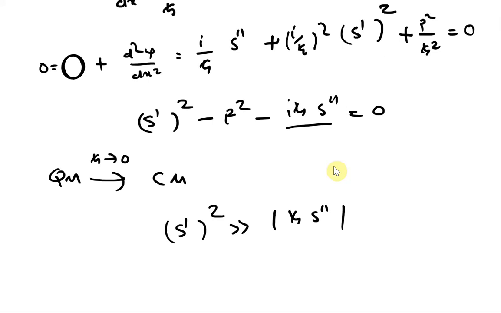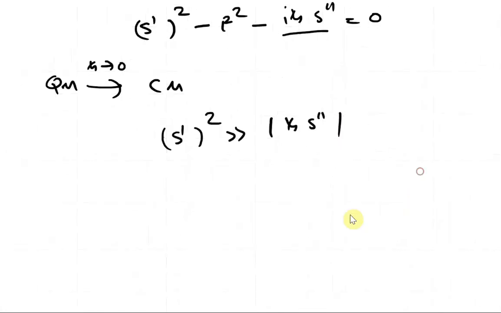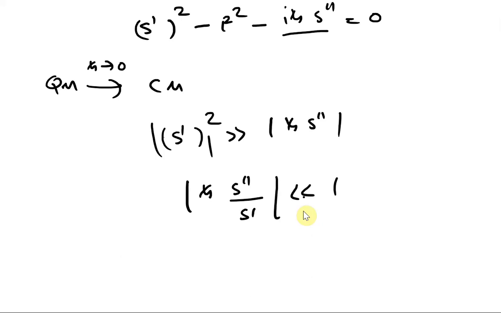So this is the condition when it is valid. If I take the magnitude here also and put that expression s prime square in the RHS, it will become something like mod h cross s double prime divided by s prime square is going to be really small compared to 1.